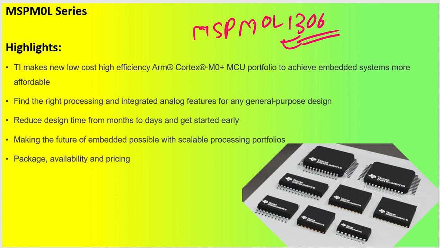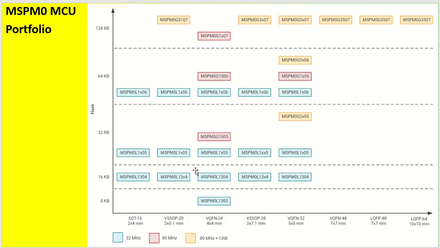Let us try to understand the different portfolio of these microcontrollers. It can be seen here, down below, this is the package availability. We have SOT16 package onwards: SOT16, VSSOP20, VQFN24, and we have VSSOP28.